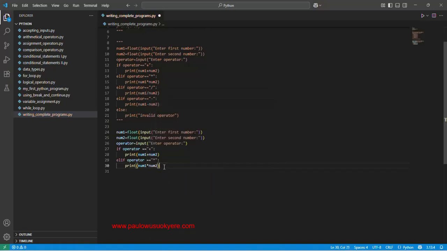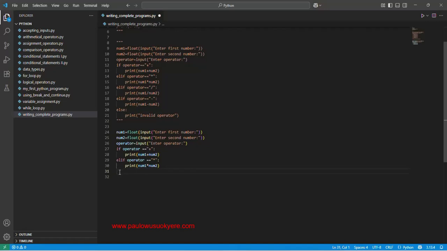Okay, you press enter, you press backspace, you make sure it is in line with the if and the else if.